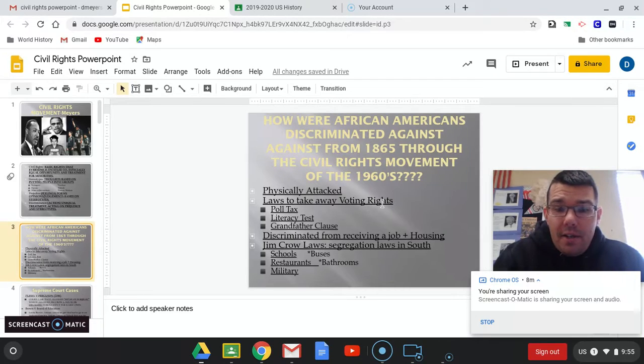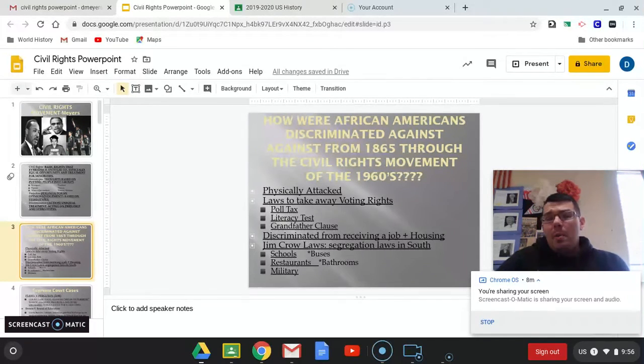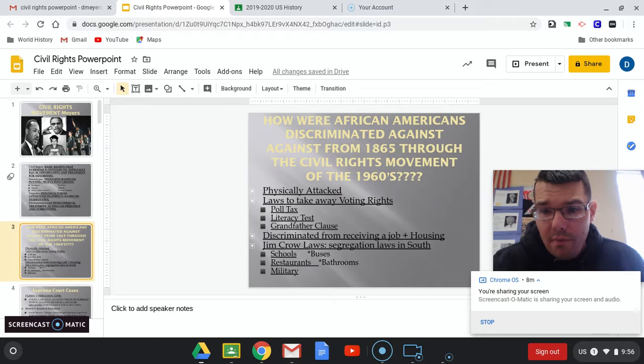All right, next major thing is voting rights. There were laws, especially down south, to take voting rights away from African Americans. So there were three ways African Americans were kept from voting. One is that a lot of southern states passed something called a poll tax. A poll tax meant you had to pay in order to vote.